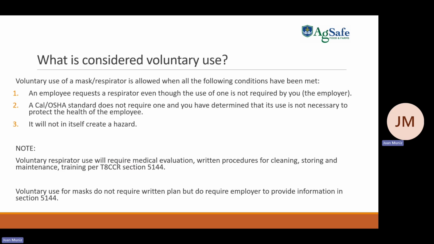Two, Cal/OSHA standards do not require one, and you have determined that its use is not necessary to protect the health of the employee. So again, OSHA does not have any standard for it, and the organization has deemed that there is no health danger to the employee, but the employee requests one anyway. They choose to wear one.